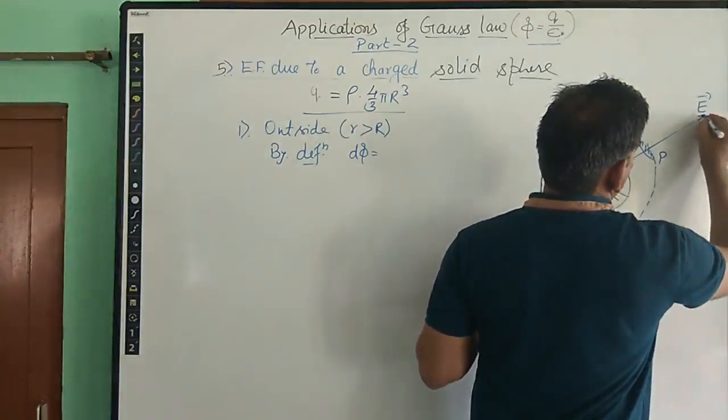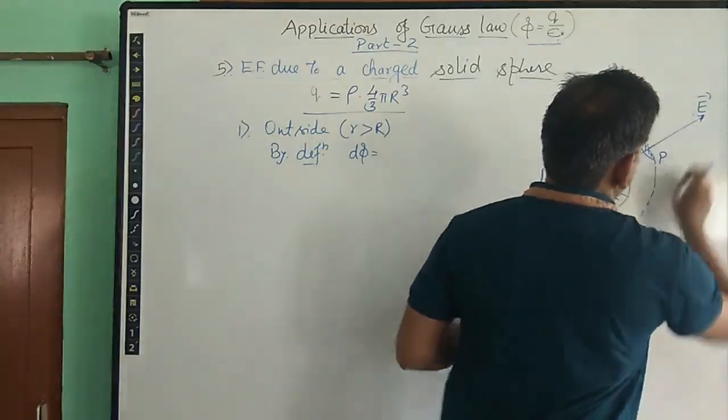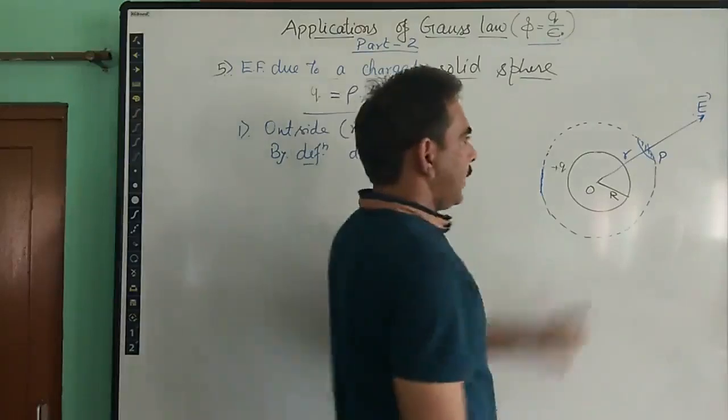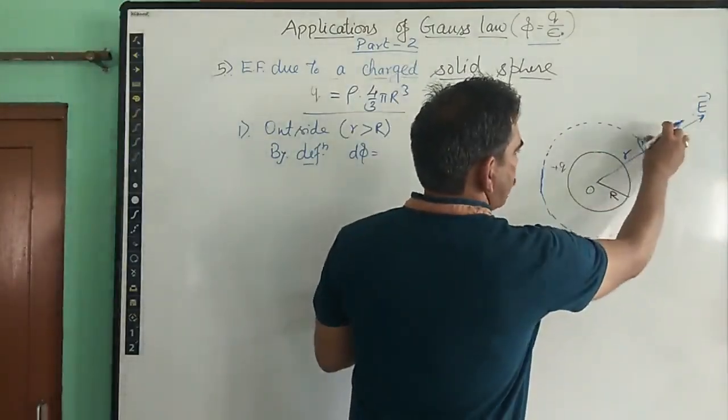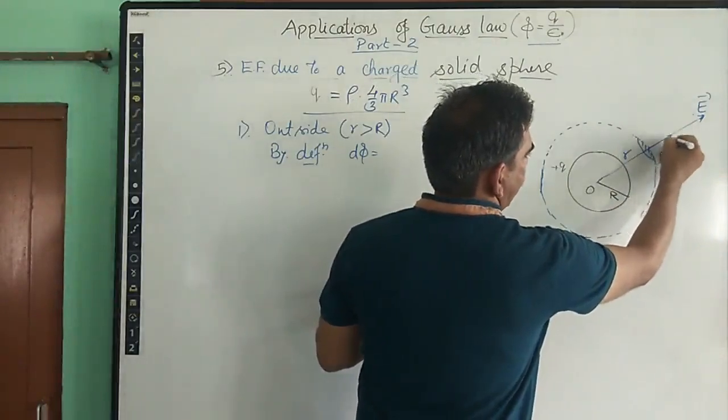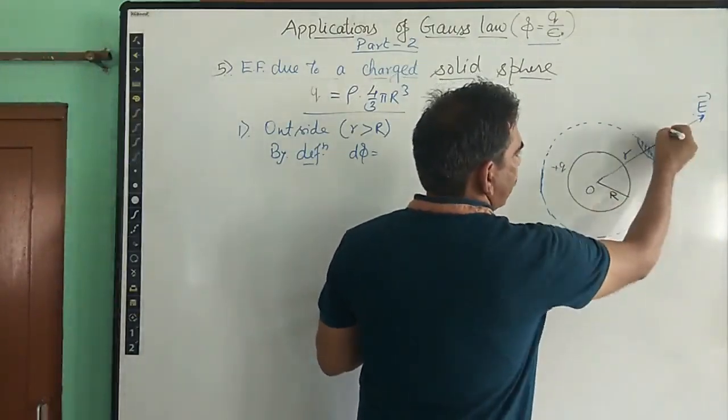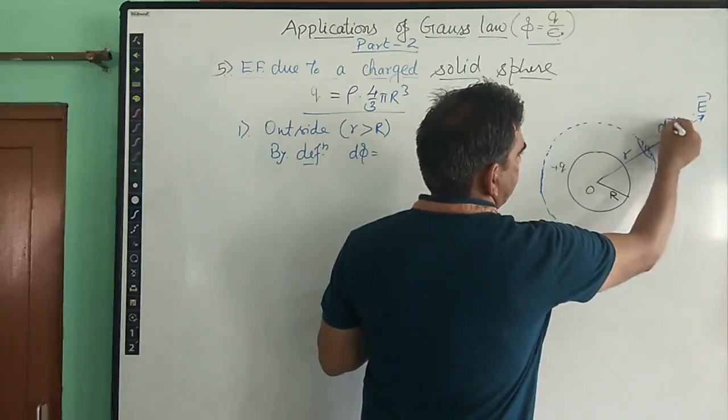So the electric field due to this solid sphere at this point is directed radially outward, and we consider a small area whose area vector dS is drawn radially outward.